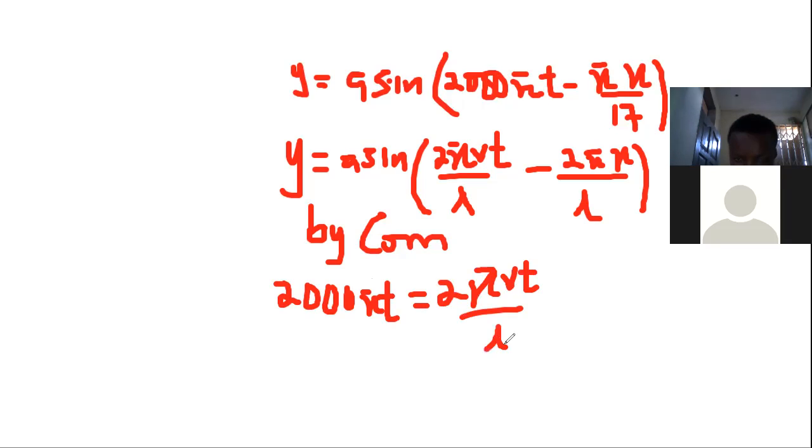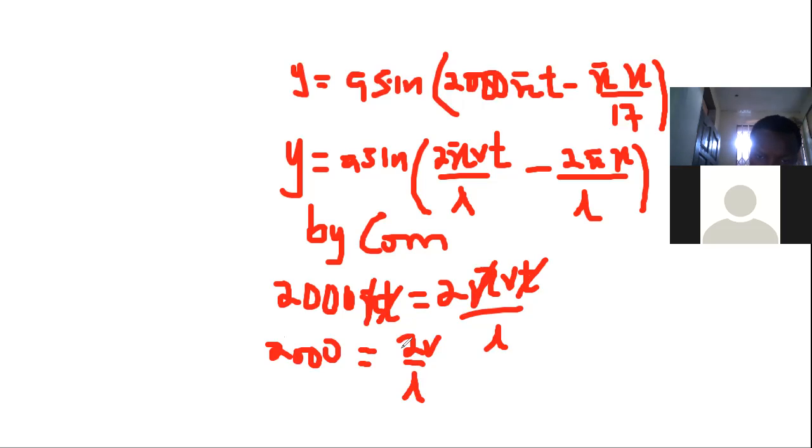So when you get to this one, this will cancel this, and this will also cancel. So you are going to get 2000 is equal to 2V all over this.